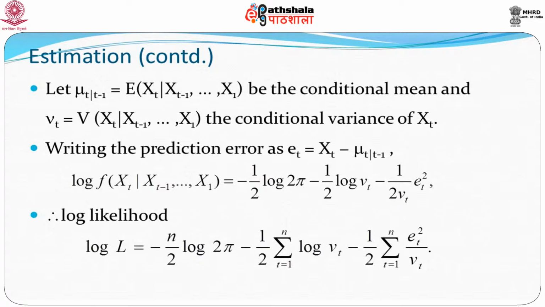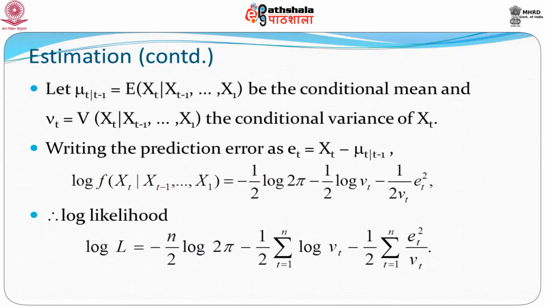Similarly, mu t would be the conditional variance of xt. Once we are given mu t given t minus 1 and mu t, we can write the prediction error as xt minus mu t given t minus 1, and we will call this Et.